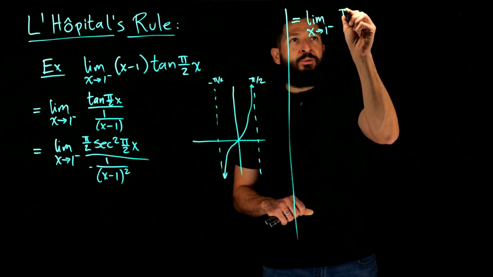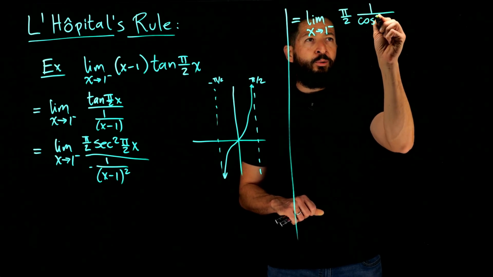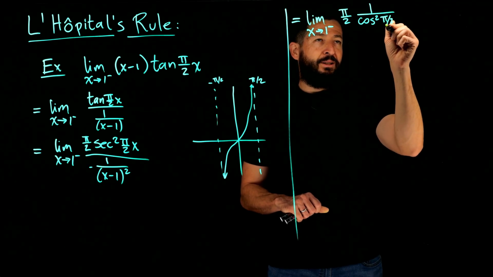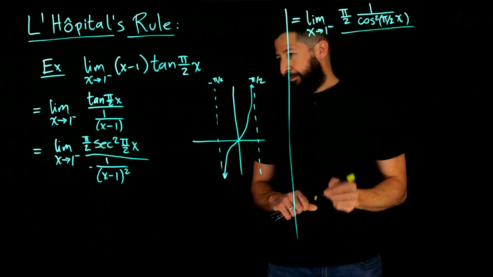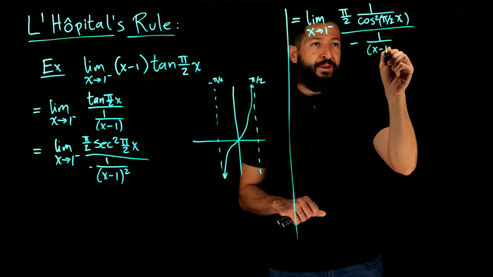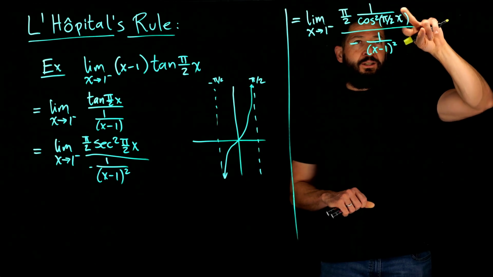So I'm going to write this one as 1 over the cosine squared of pi over 2x. Now I should have put the x there. It looks ugly. And I'm going to leave this one alone for a minute. But now notice that I have this weird situation.